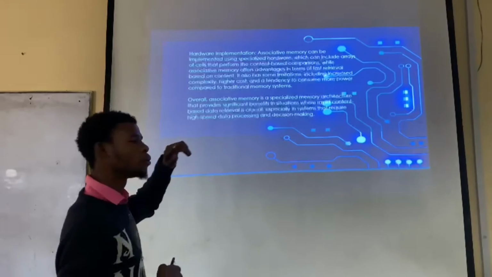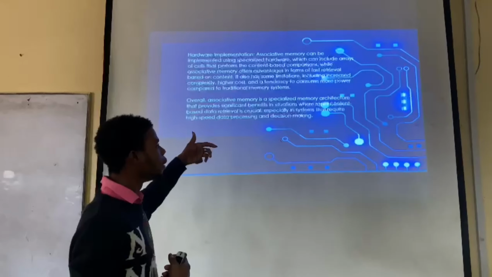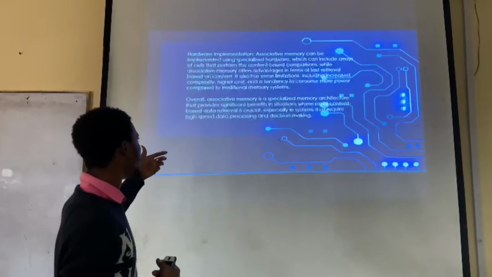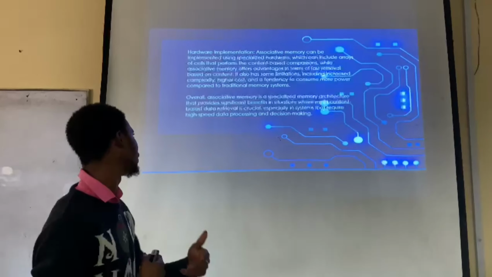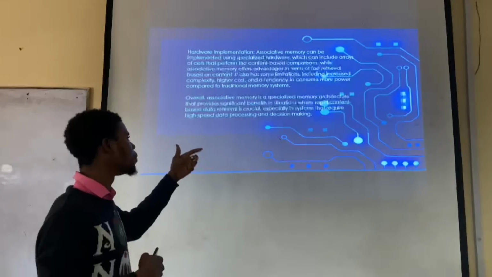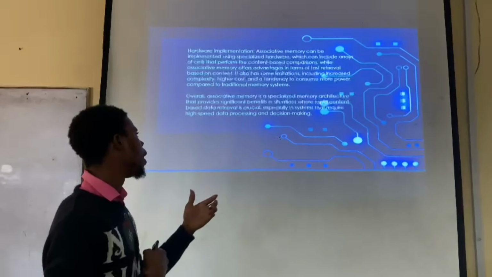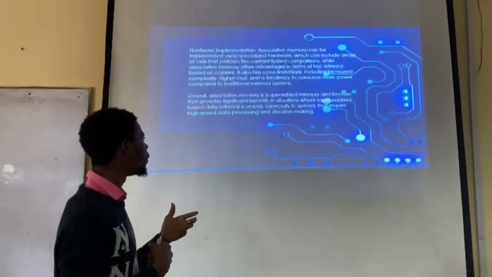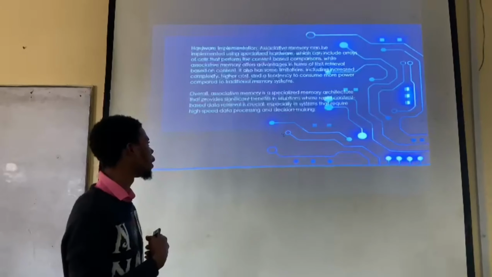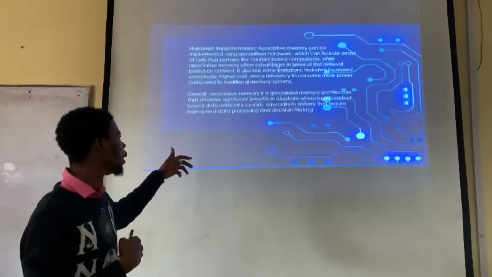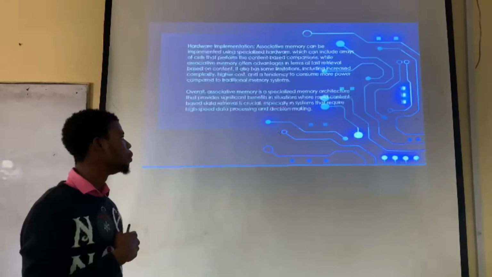So in conclusion, overall, associative memory is a specialized memory architecture that provides significant benefits in situations where rapid content-based data retrieval is crucial, especially in systems that require high-speed data processing and decision making.